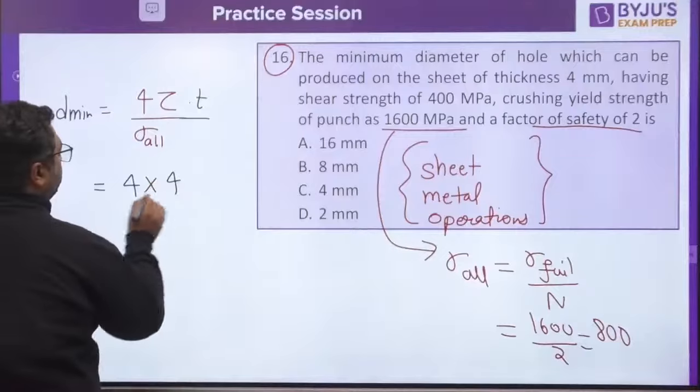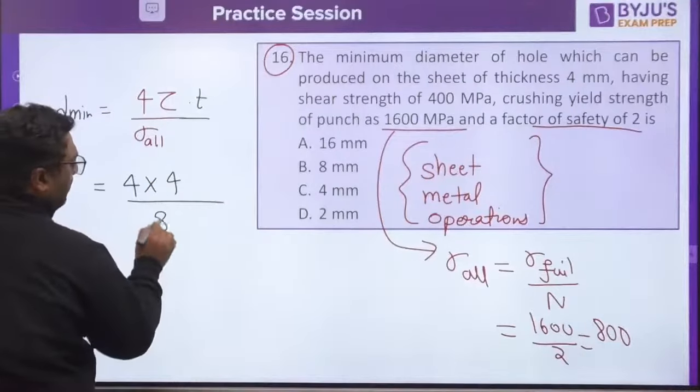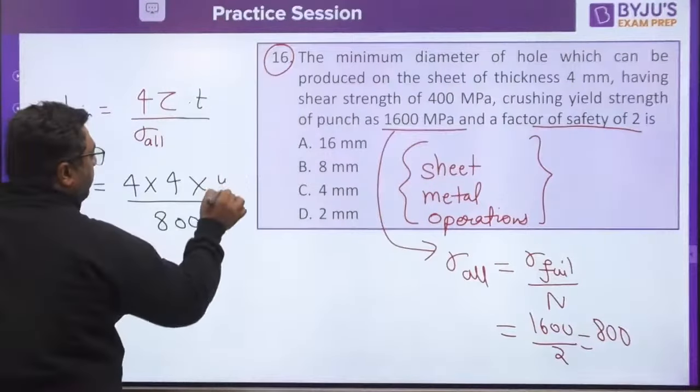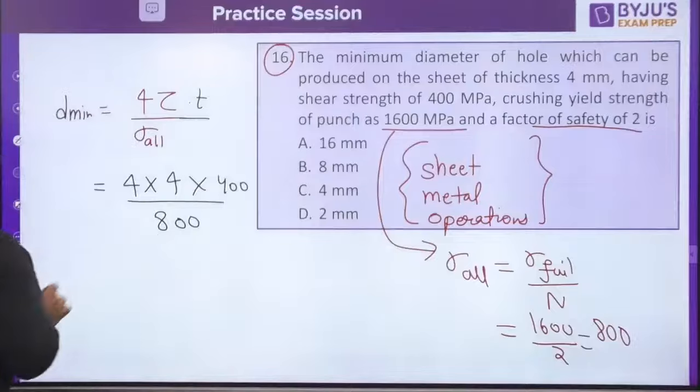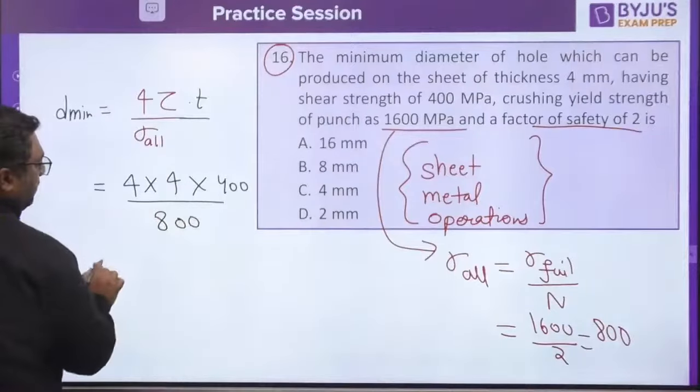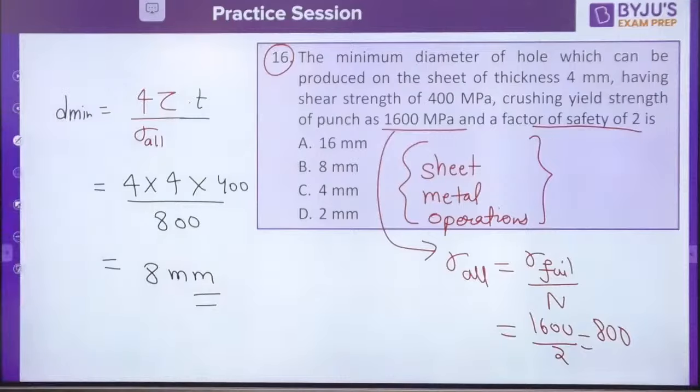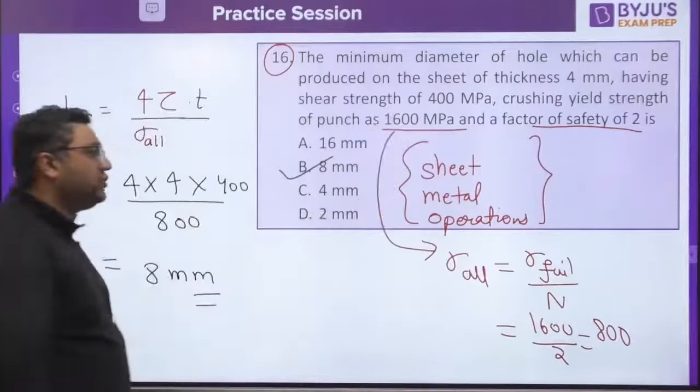Thickness is 4 mm, allowable is 800. So this is 4 cross 4 into 400 MPa, divided by 800. So you would be getting 8 mm. Is it correct?